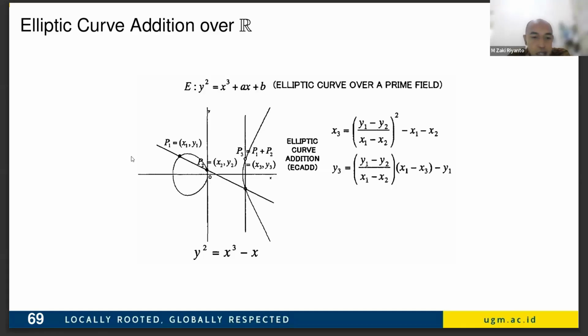And if x1 is equal to x2, then the line can never cross the elliptic curve again, so we define that the addition is the point at infinity.